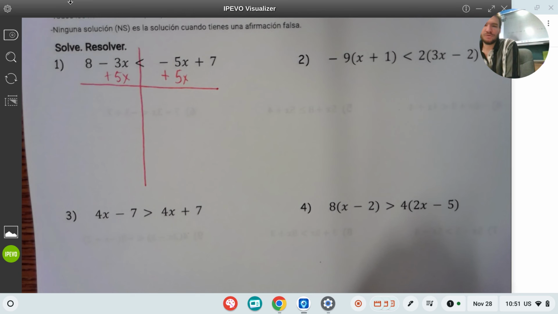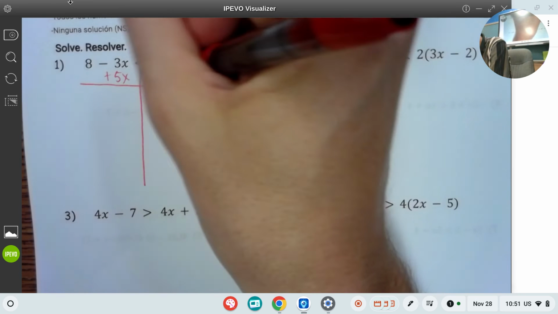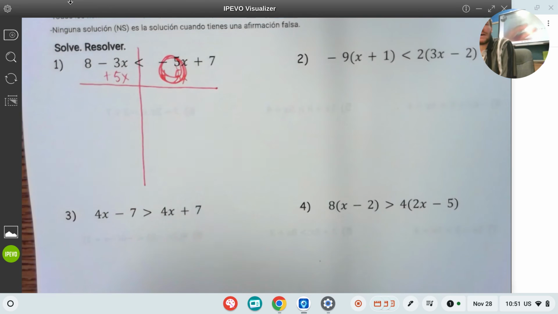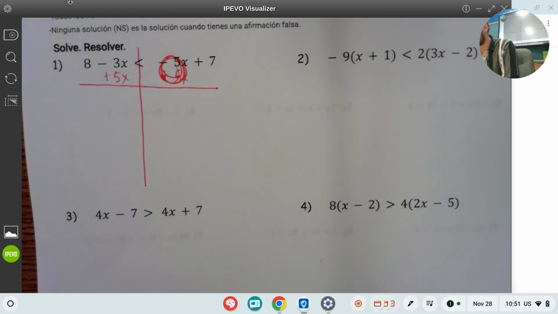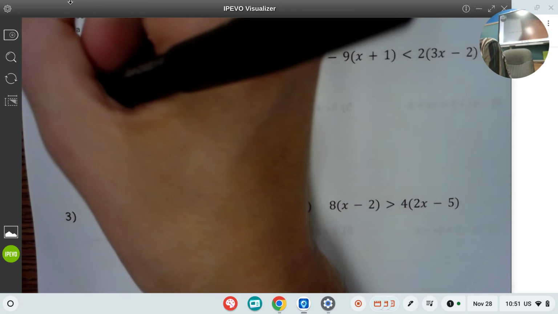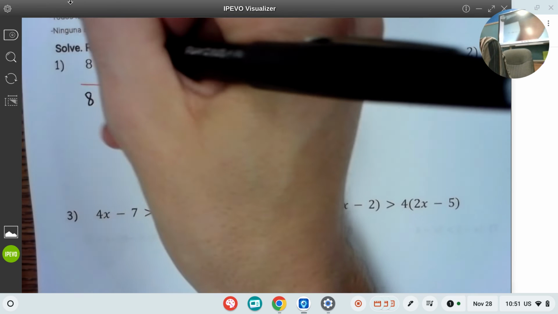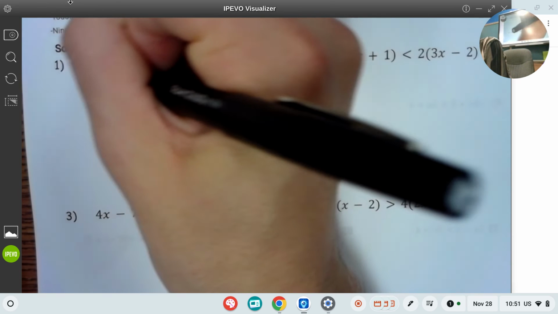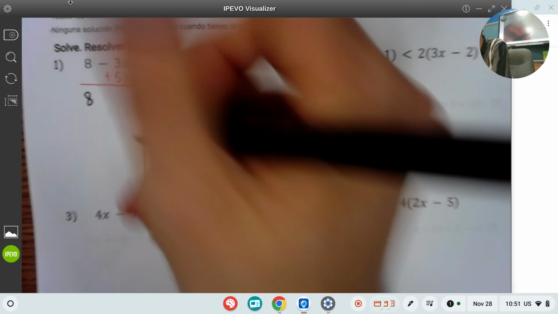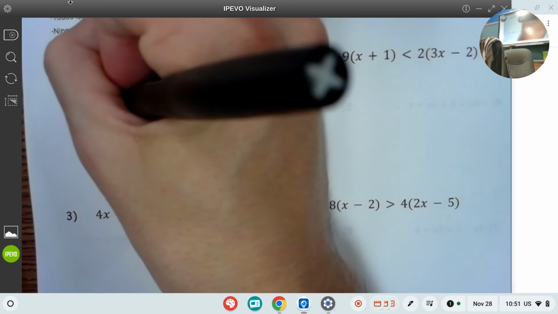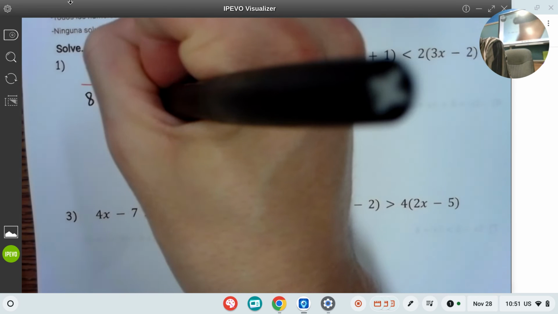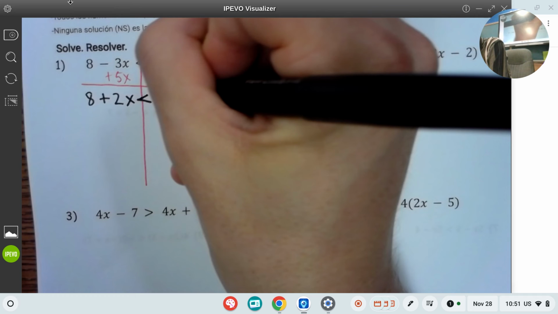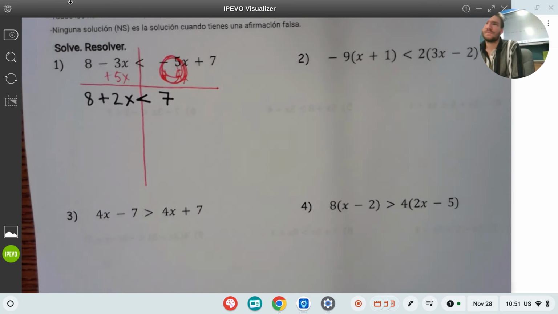When I move those x's to the other side, 5 minus 5 is 0, of course. We're going to have 8, negative 3x plus 5x is going to be positive 2x, less than, and then we have 7. Okay, we're in a pretty good spot.